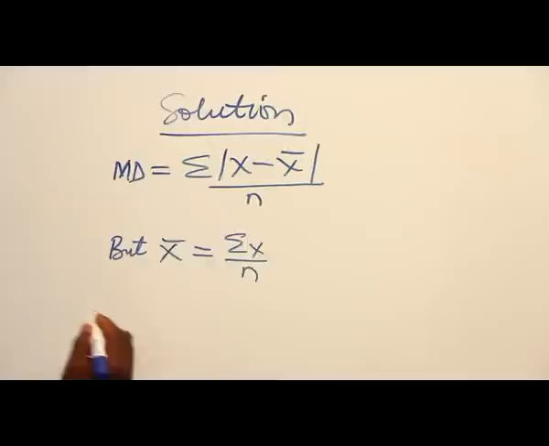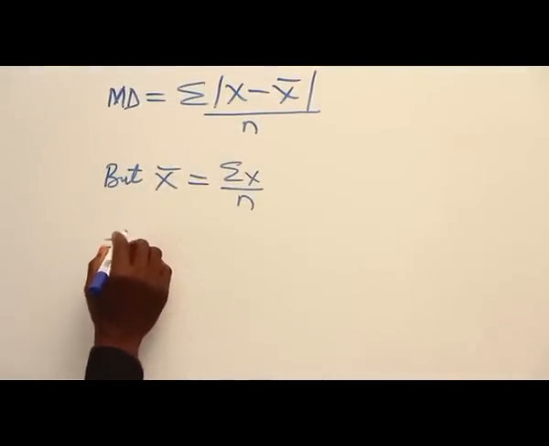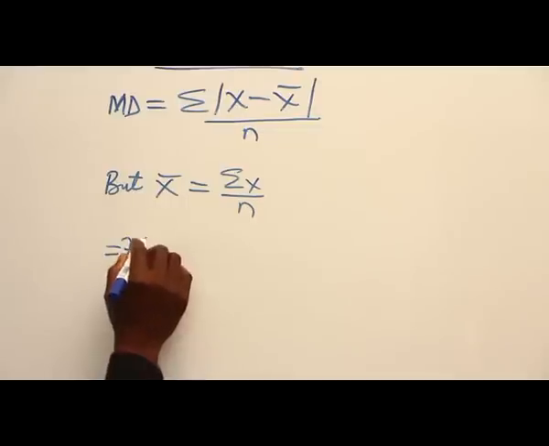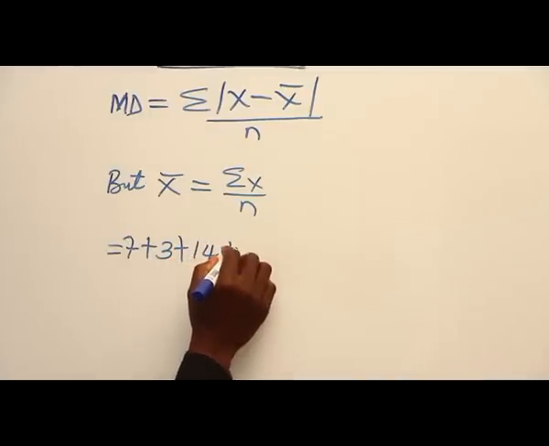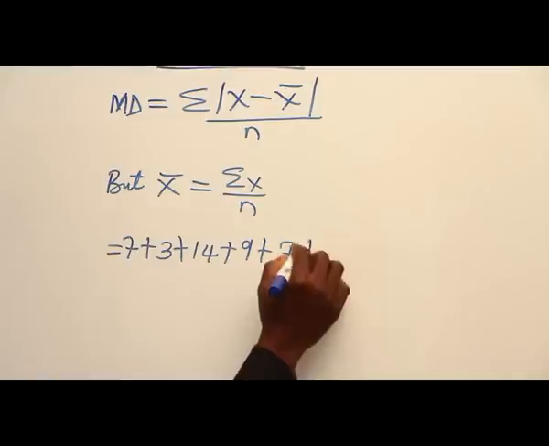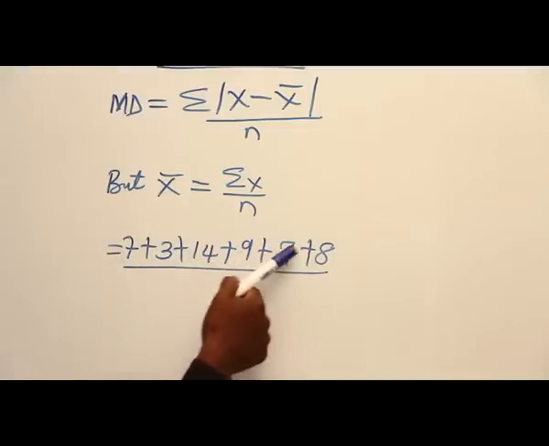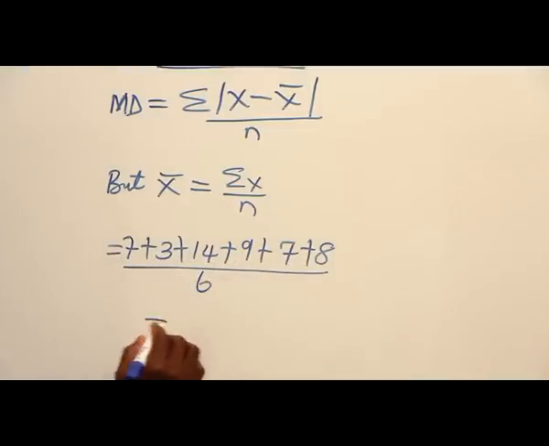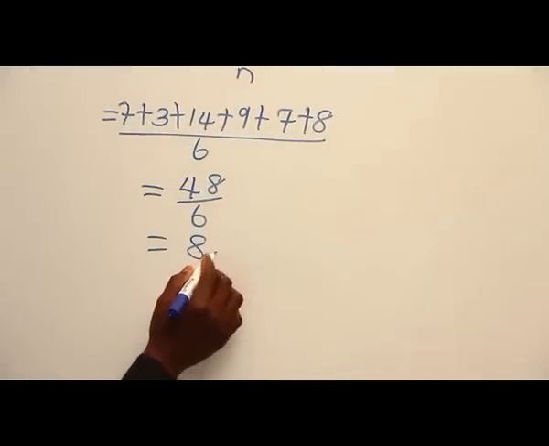That means taking the figures equal 7 plus 3 plus 14 plus 9 plus 7 plus 8 all over 1, 2, 3, 4, 5, 6, all over 6. This of course will give 48 all over 6, and the mean equal 8.